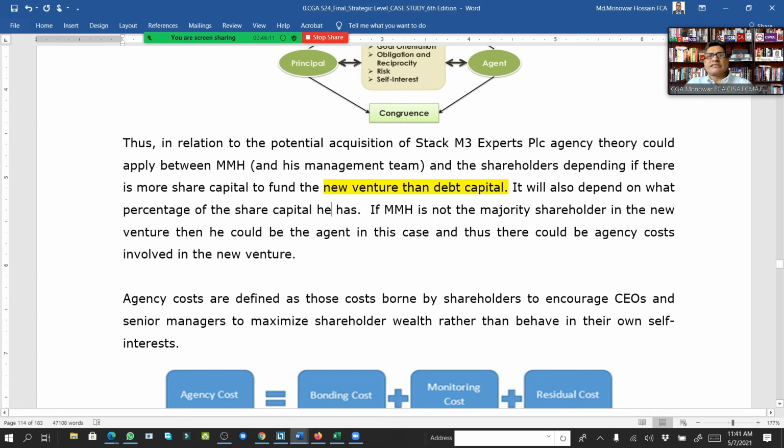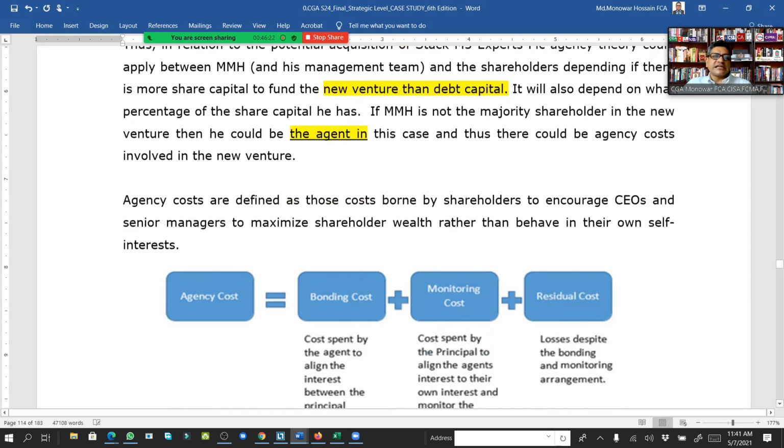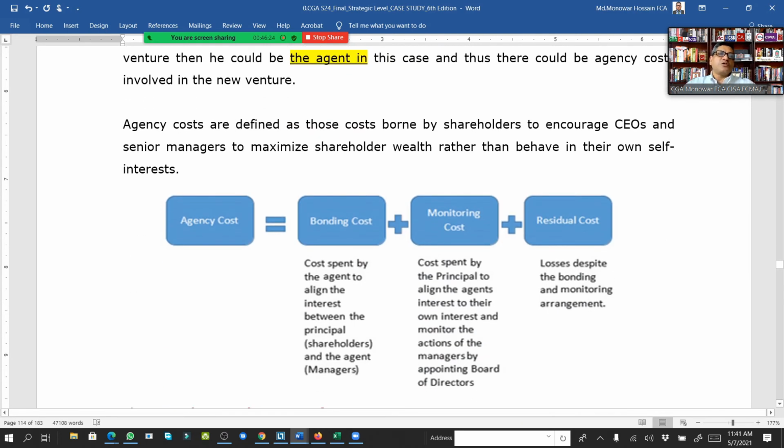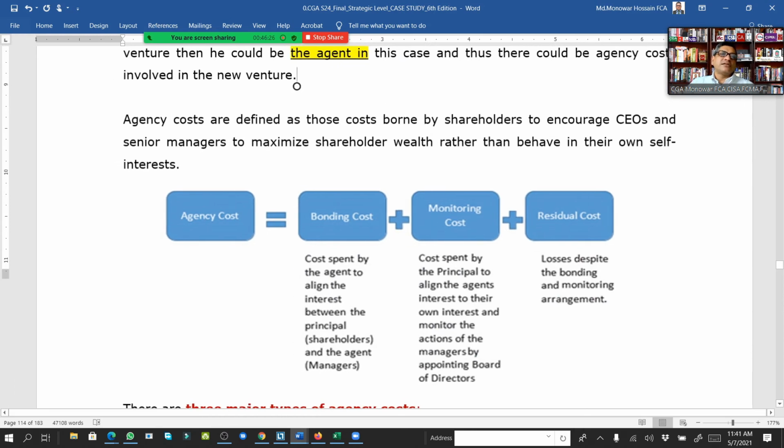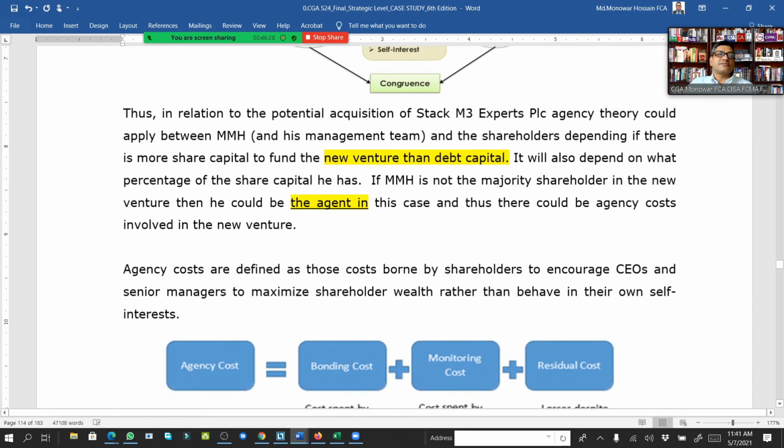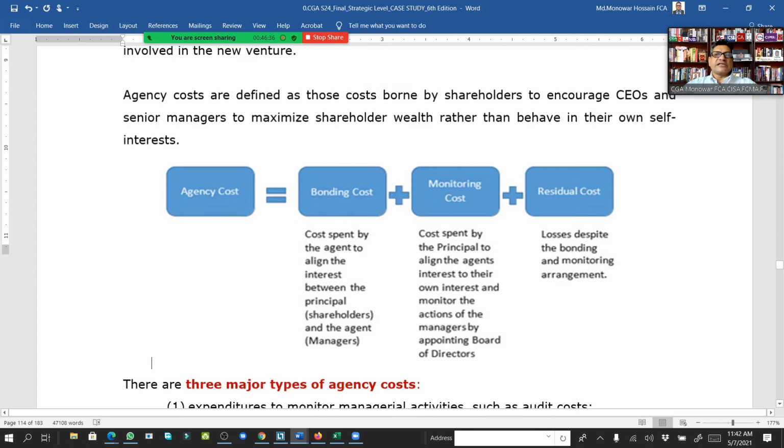If MMA is not the majority shareholder in the new venture, then he could be the agent. So here we know the agency cost. Agency cost, look here.